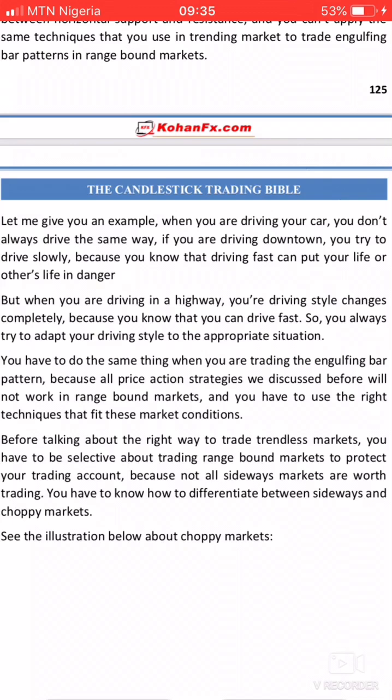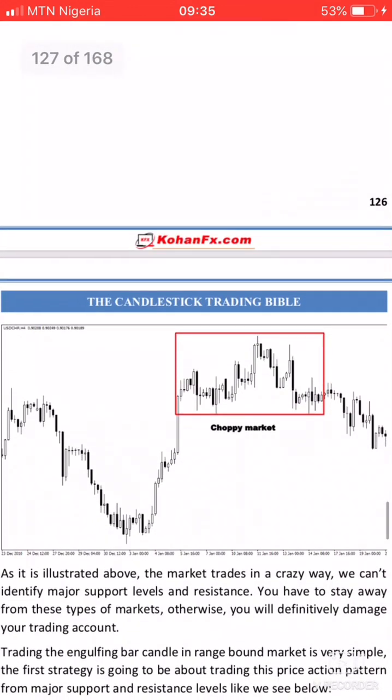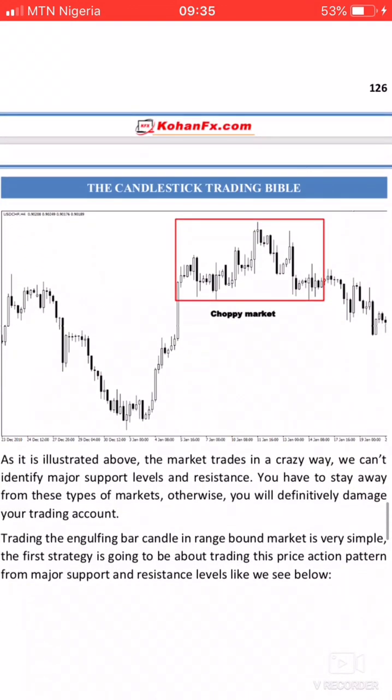See the illustration below. As illustrated above, the market trades in a crazy way. We can't identify major support and resistance levels. You have to stay away from these types of markets, otherwise you will definitely damage your trading account.